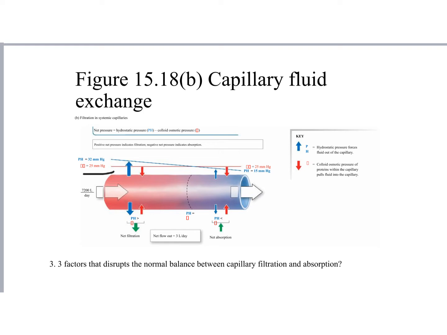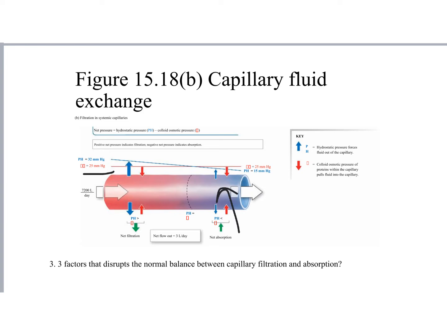In times of protein starvation, when there's not enough protein to make the albumin that is the main protein that creates the osmotic pressure, that would lower it. So instead of being 25 millimeters, it would be lower, like maybe 20 millimeters of mercury or 15 millimeters of mercury, which would be really severe. But any type of change, anything that makes the osmotic pressure lower, is going to decrease how much fluid is going back into the capillary bed.